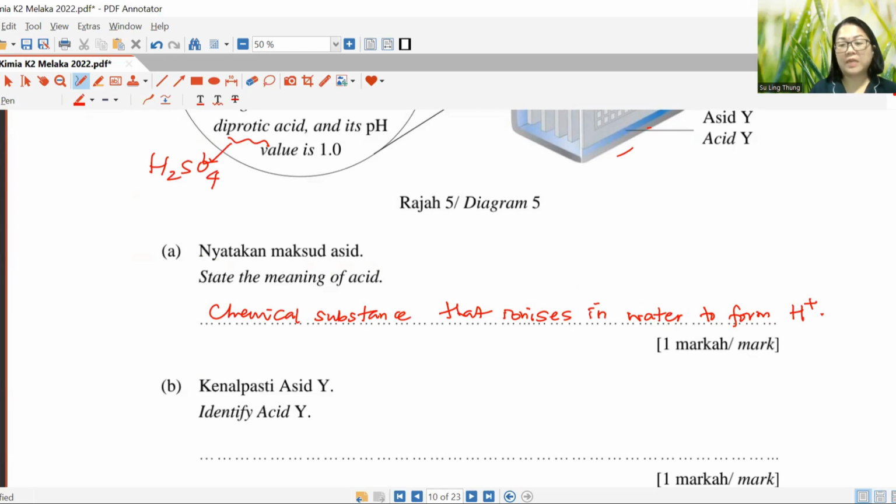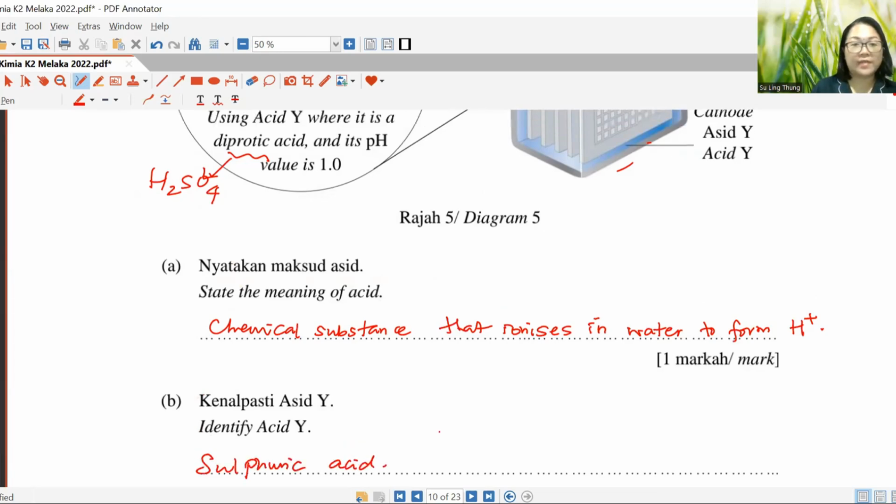Okay, you can just put H plus only, because H plus alone is already indicating it's hydrogen ions. Okay, identify acid Y. Sulfuric acid. Okay, sulfuric acid.